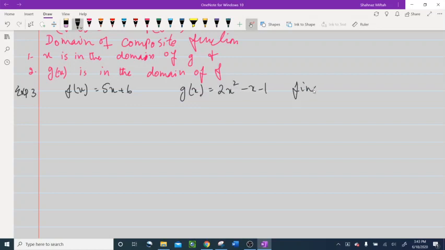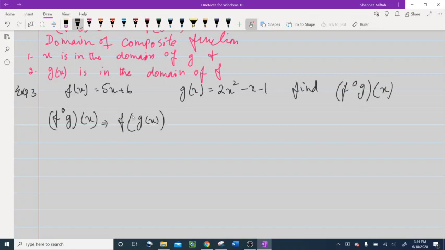They said find f compose g of x. Now remember, we have to rewrite this, otherwise we don't understand what to do with it. Maybe some people do, I don't. So I'm going to write f of g of x. I always rewrite questions. If we have properties, I use them. So this is what I have.